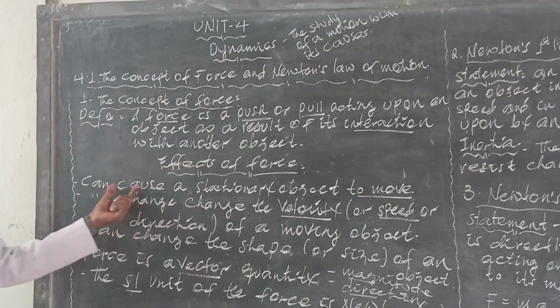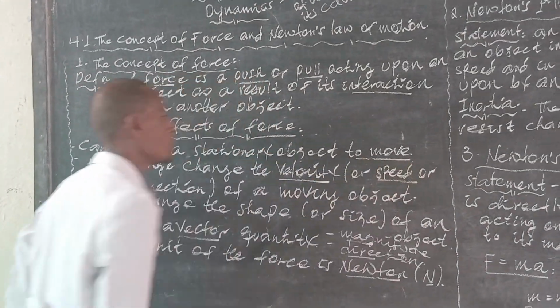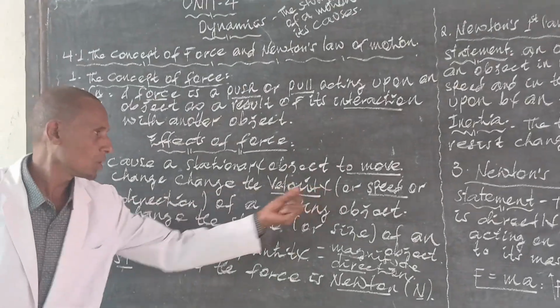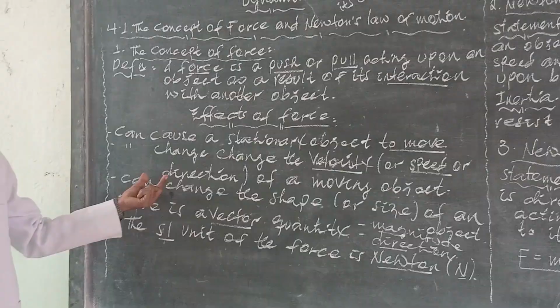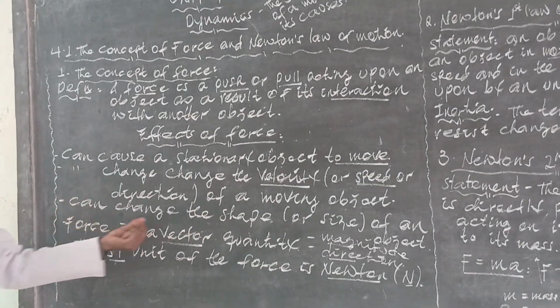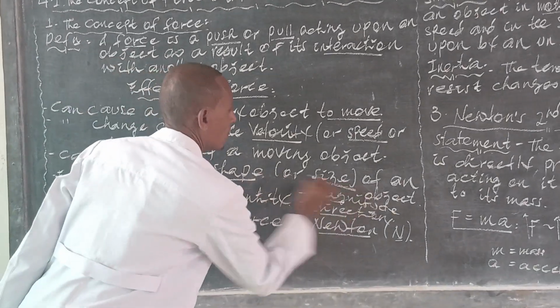The effect of force can cause a stationary object to move, or this force can change the velocity or the speed of a given object. And the other one, this force can change the shape or the size of the given object.